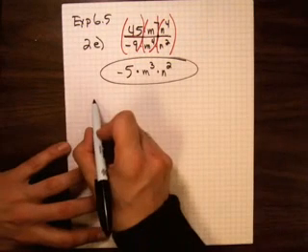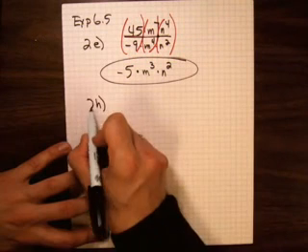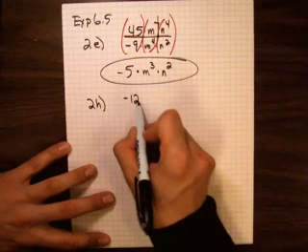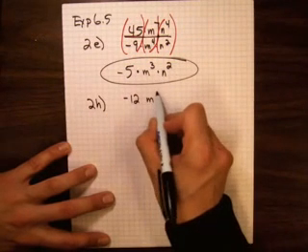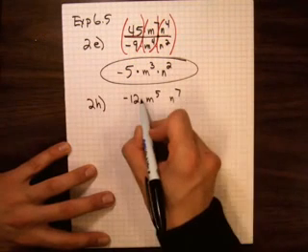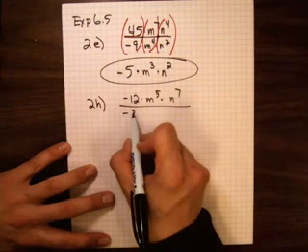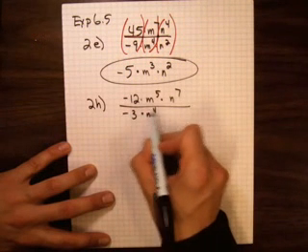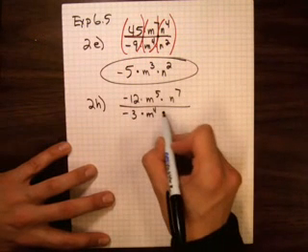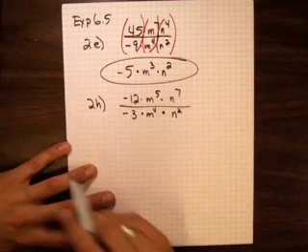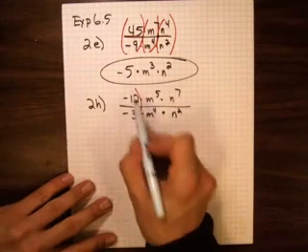Let's look at h. 2h here. Negative 12 m to the 5th n to the 7th, divided by negative 3 m to the 4th n squared. Now these are all multiplied. When there's no symbol between, we understand it's multiplication. Almost identical to this problem. I can group them in multiples like this.